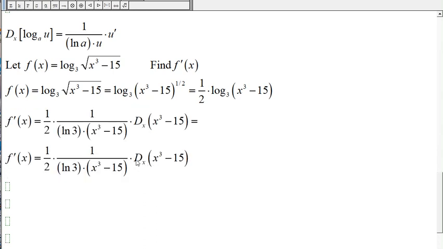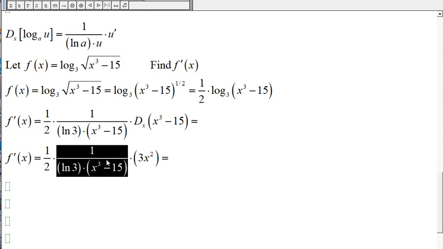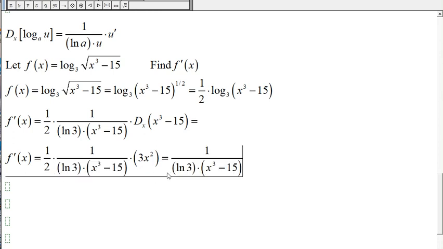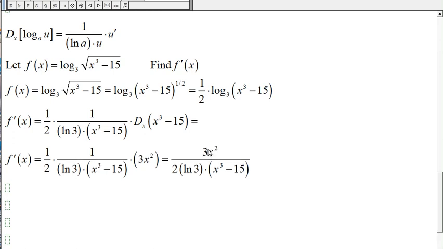The derivative of x to the third minus 15 will be 3x squared. And so the answer would be, on the bottom we get a 2, and on the top we get 3x squared. And this is the answer.